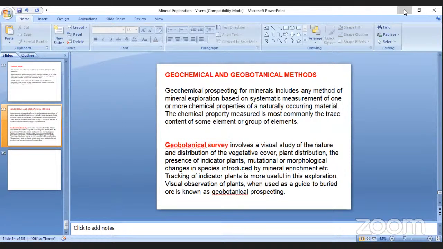We divide that area, focus on the areas of our interest or attention, and eliminate some barren areas. Wherever our interest is more, there we need to collect the samples, picking them randomly.